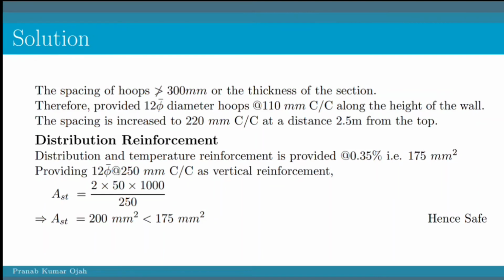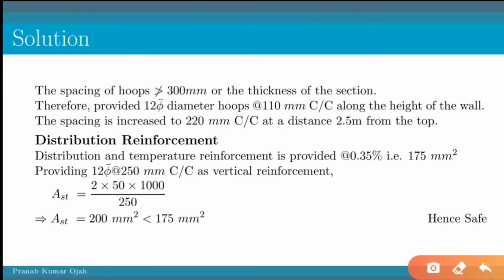Now, the spacing of hoops should not be greater than 300 mm or the thickness of the section as per IS code. Therefore, provide 12 diameter hoops at 110 mm center to center along the height of the wall. The spacing is increased to 220 mm center to center at a distance of 2.5 meters from the top.